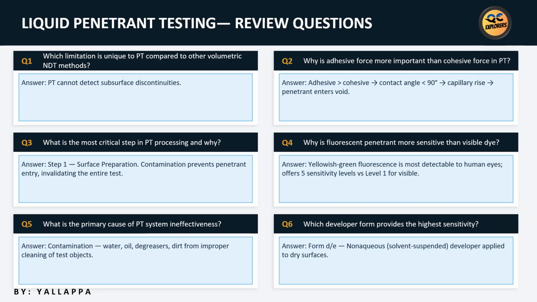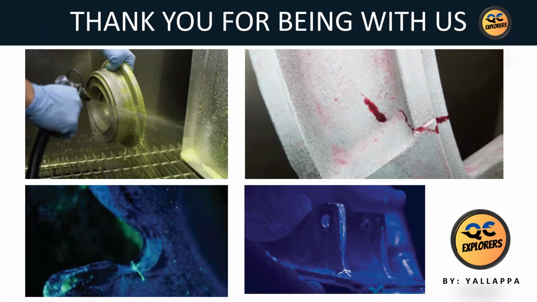Question 5. What is the primary reason for PT system failure? Answer: contamination. And finally, which developer provides the highest sensitivity? Answer: non-aqueous developer, forms D and E. Now, if you can explain these questions confidently in your own words, then you are developing true Level 3 understanding.